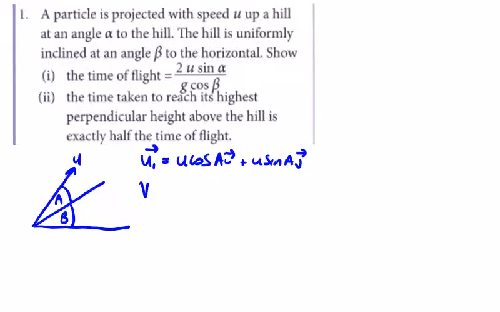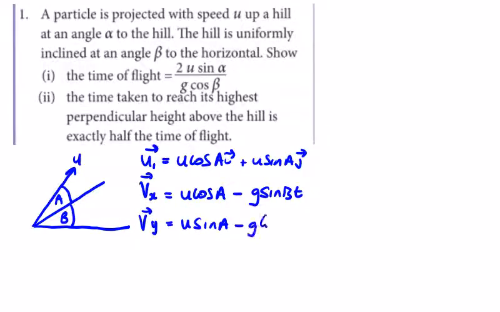My velocity vectors: my velocity in the x direction is u cos alpha minus the acceleration, which is going to be g sine beta, because you practice these, times t. The velocity in the y direction is going to be u sine alpha minus g cos beta times t.